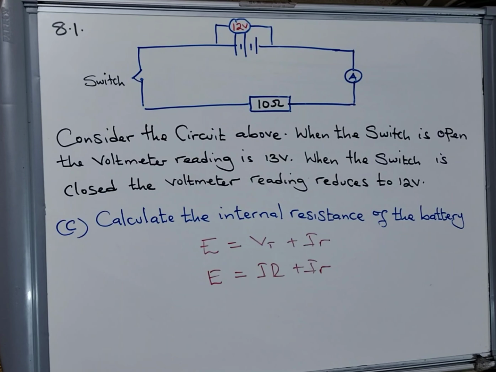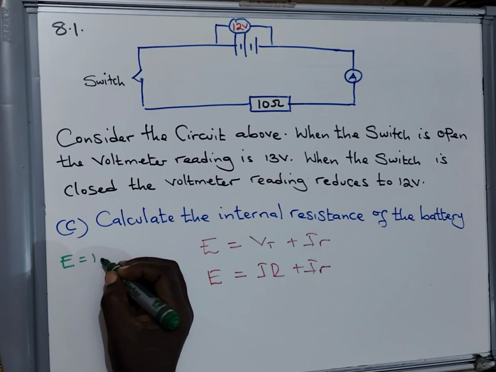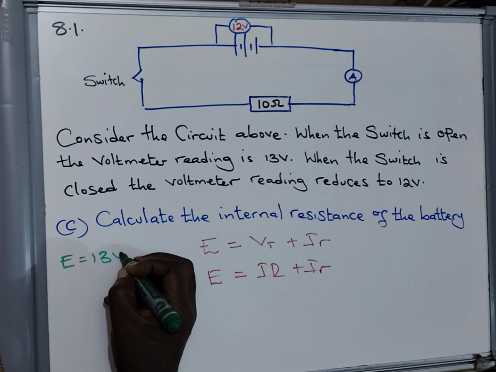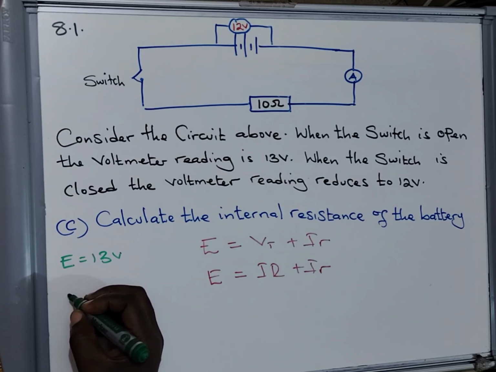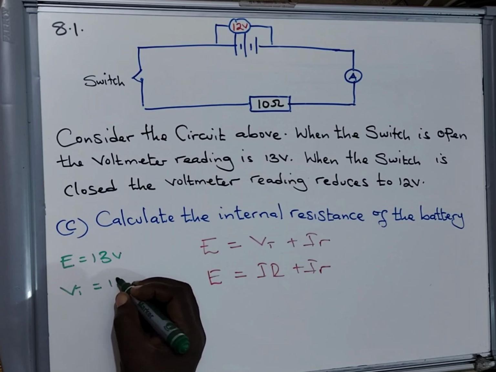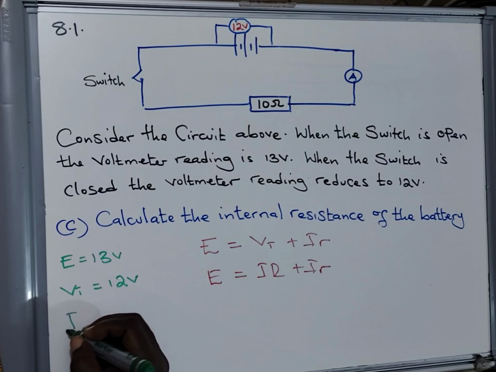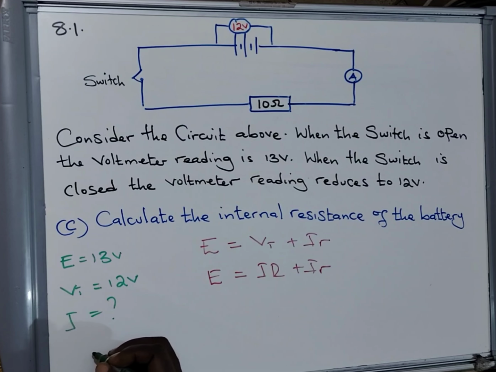But then, what do we know? We know EMF. We said it is 13 volts. And we know VT, we found it as 12 volts. We need current to proceed and we don't know it.